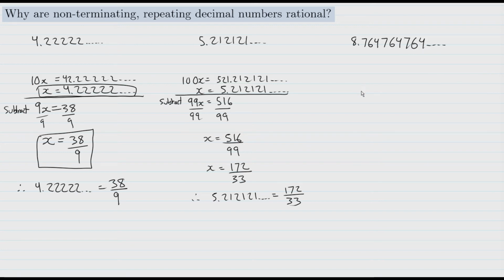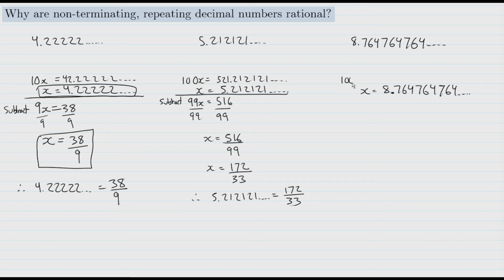We'll call that number x. So x equals 8.764764, and so on. And this time we want to multiply by a number that moves the decimal place 3 digits because the pattern after the decimal repeats every 3 digits. So we'll multiply by 1,000.